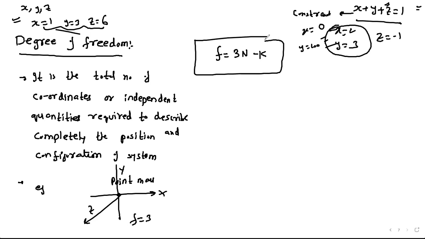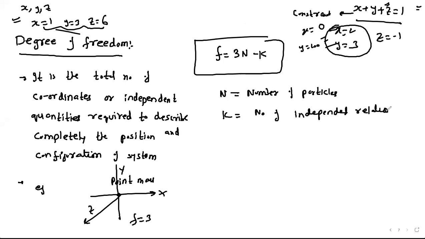That's 3n minus k, where n is the number of particles, and k is the number of independent relations between particles.